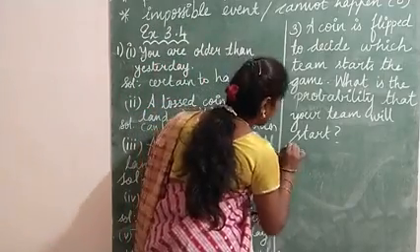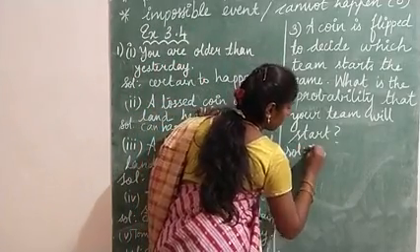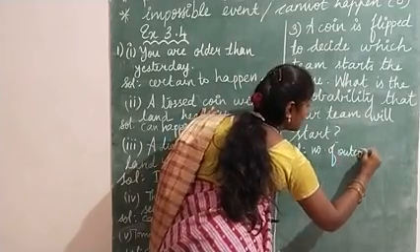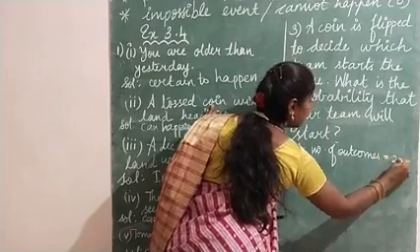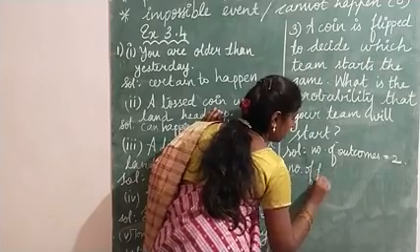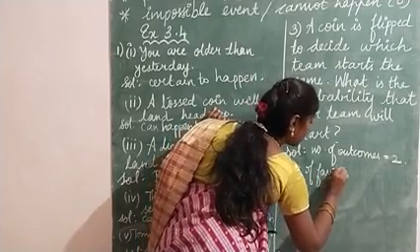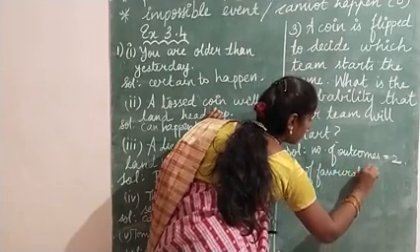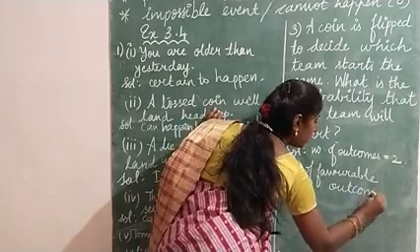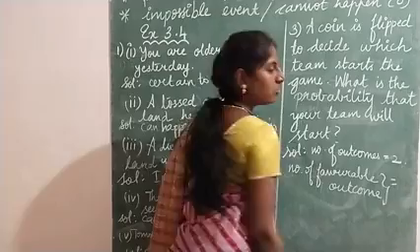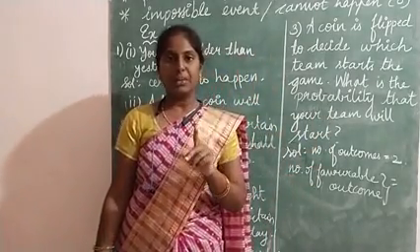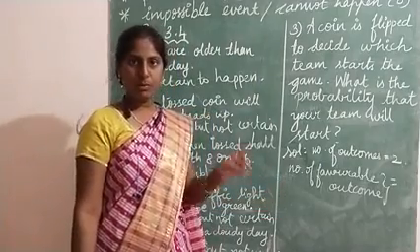Now write here number of outcomes equal to 2. And number of favorable outcome, what is the favorable outcome here? Maybe you would have chosen head or tail. Either one will be appearing, right? So here favorable outcome will be only one.